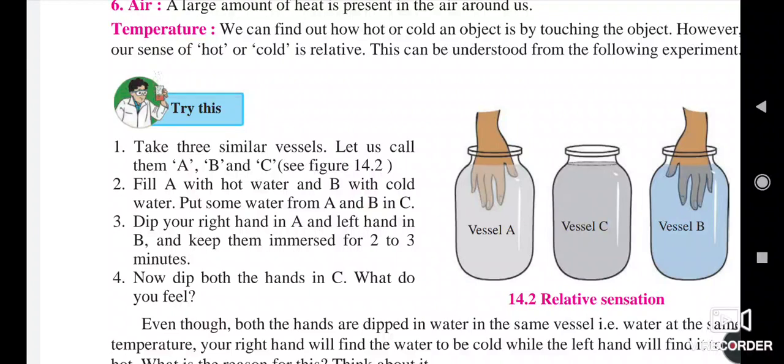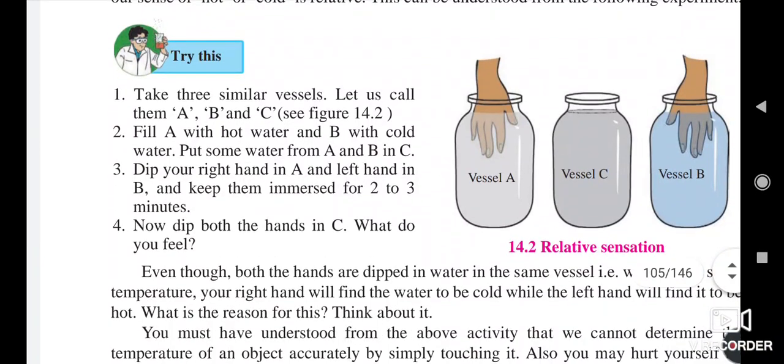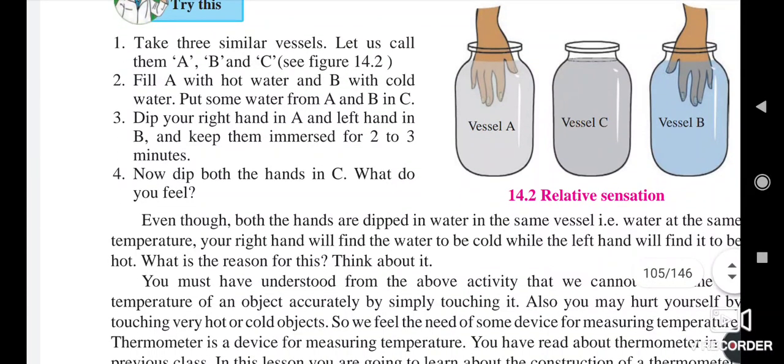Fill vessel A with hot water, B with cold water, and add some hot and cold water into vessel C. If we put our hand into vessel A and feel the temperature of that water, and then put our hand into vessel B, which contains cold water, what do we experience?